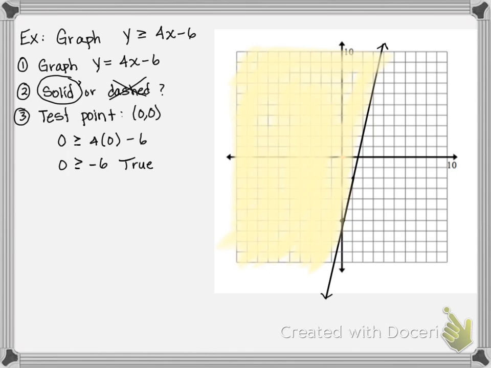One thing that is true, but you have to be a little bit careful with it, is if it's in slope-intercept form, so if y is by itself on one side of your inequality, it is true that if it's a greater than, everything above the line is shaded, and if it's a less than, everything below the line is shaded. It's a little bit difficult to see here that we shaded above the line because it's such a steep line that it looks more like a left or right situation.